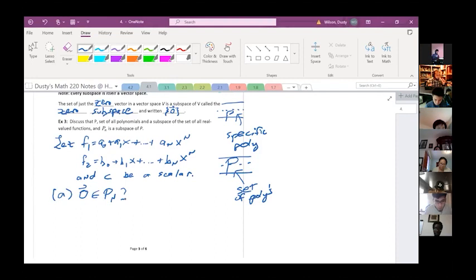We could plug it in. I'm going to go with what Ahmed said. We could let a naught equal a1 equal ... equal an equal 0. If we let all those coefficients equal 0, then you're going to end up with a 0 polynomial. And so, yeah, you have a 0 in this particular set.